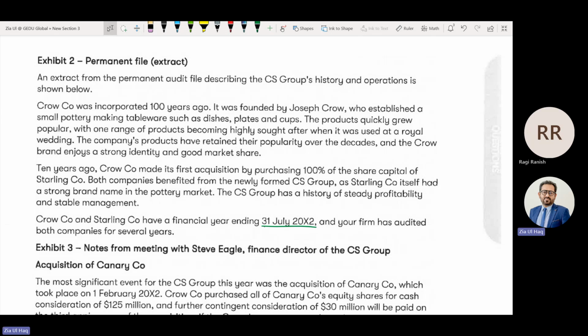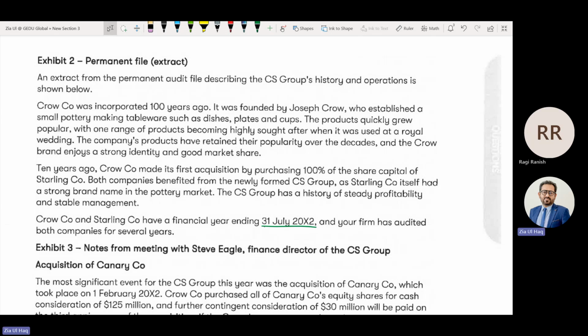The company's products have retained their popularity over the decades, and the Crow brand enjoys a strong identity and good market share. How was this group of companies established? They started a pottery business 100 years ago with Crow Company. 10 years ago, Crow Company made its first acquisition by purchasing 100% of the share capital of the Starling Company.